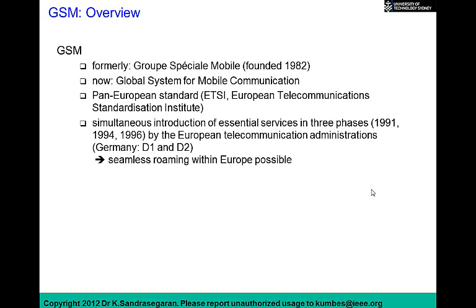Okay, the fact that if you are a mobile subscriber in Germany and you went across the border into France or into Holland, you should be able to continue to use your mobile phone, and there should be some roaming agreements, and it should be possible for you to enjoy the same services that you enjoyed in your home network.